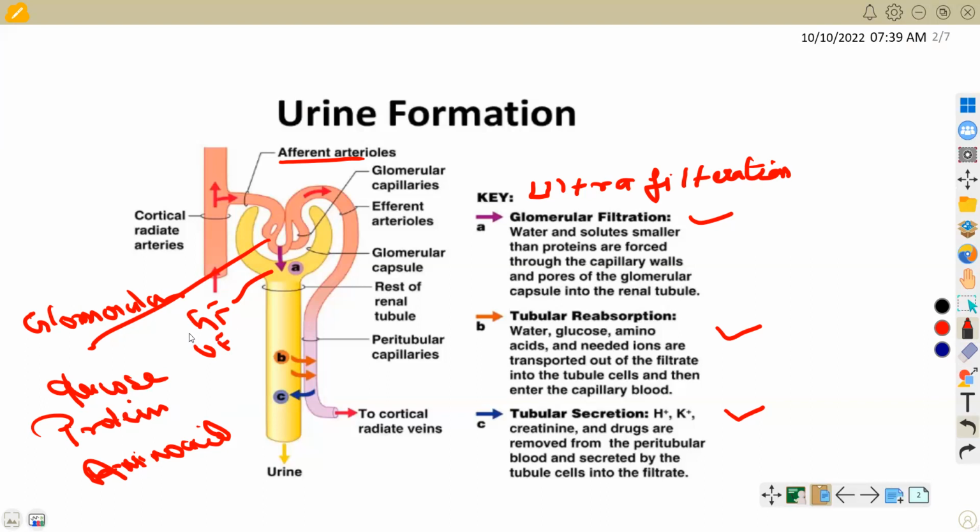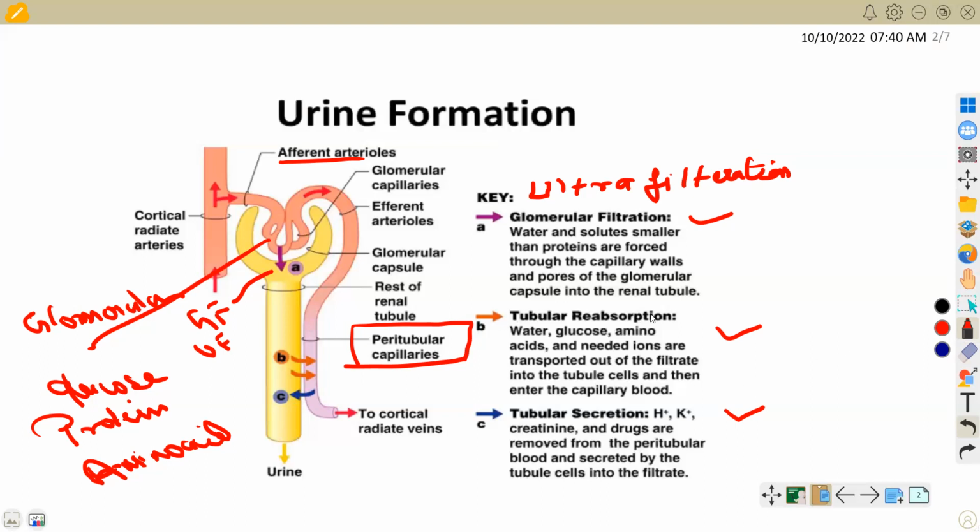So what happens? They get reabsorbed into the peritubular capillaries, you can acknowledge. Okay, so in peritubular capillaries, these important substances such as water, glucose, and amino acid need to be given back to the circulation. So how is it given back to the circulation? It is given by the selective reabsorption process.